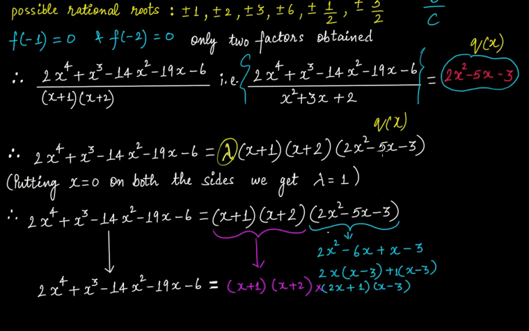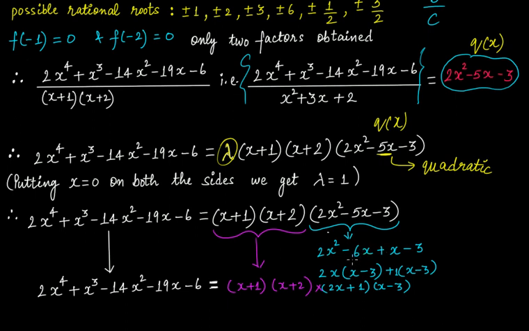Now it's a quadratic polynomial, right? If you pay attention to this minus 5x, we use the concept of splitting the middle term. So 2x squared minus 5x minus 3 is 2x squared minus 6x plus x.